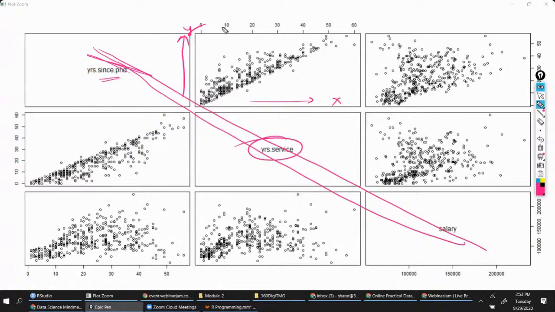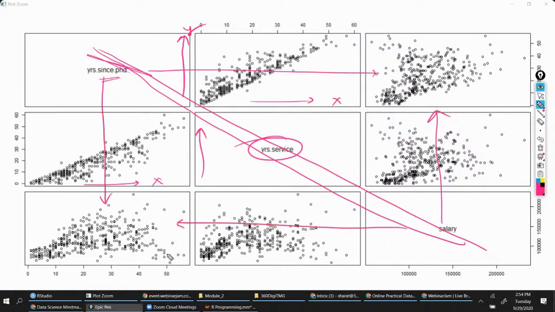So I'm plotting x and y there. The same visualization, if I do a mirror image, means years since PhD becomes the x-axis, whereas years of service becomes the y-axis. So it is a mirror image. Same way here, this is the relation between years since PhD and salary. The same visualization can be seen here, just a mirror image.